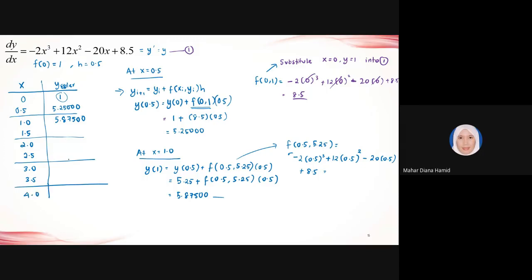So you need to get the values of Euler's method. In fact, I think I'm going to give you the value here so that you can check with whatever value that you get.